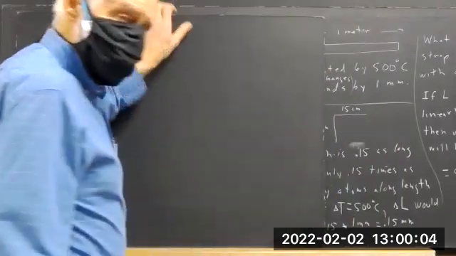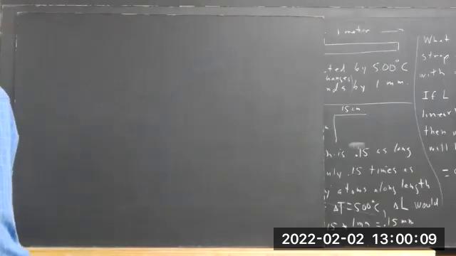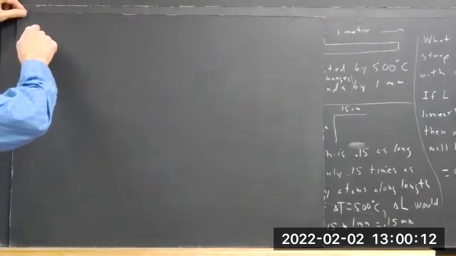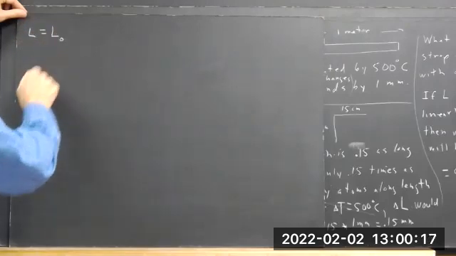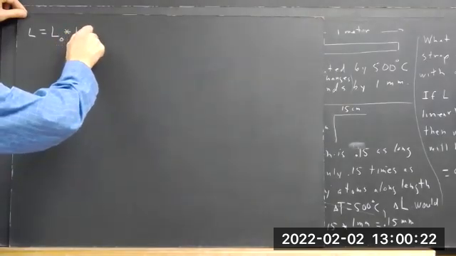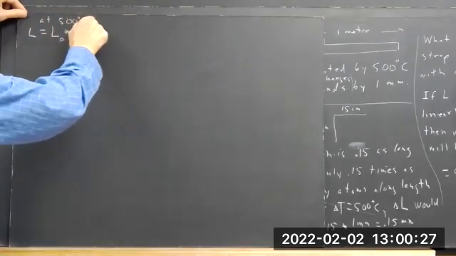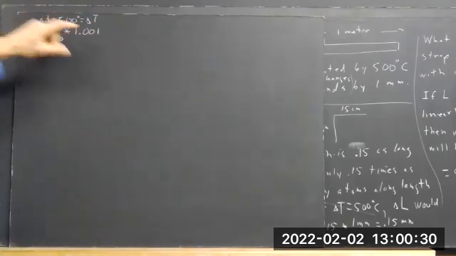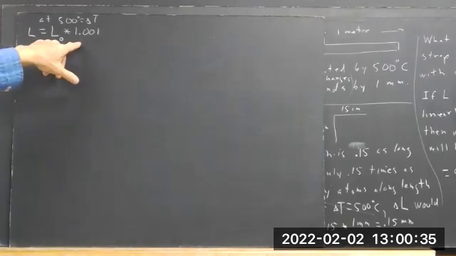Now, the way we want to really represent this, we're saying that if delta T is 500 degrees, we can say that L equals L naught times 1.001.